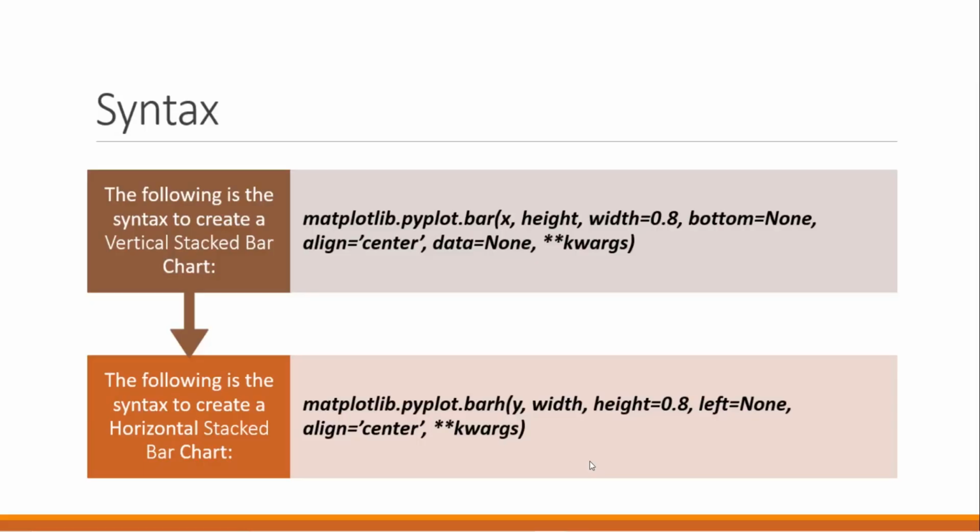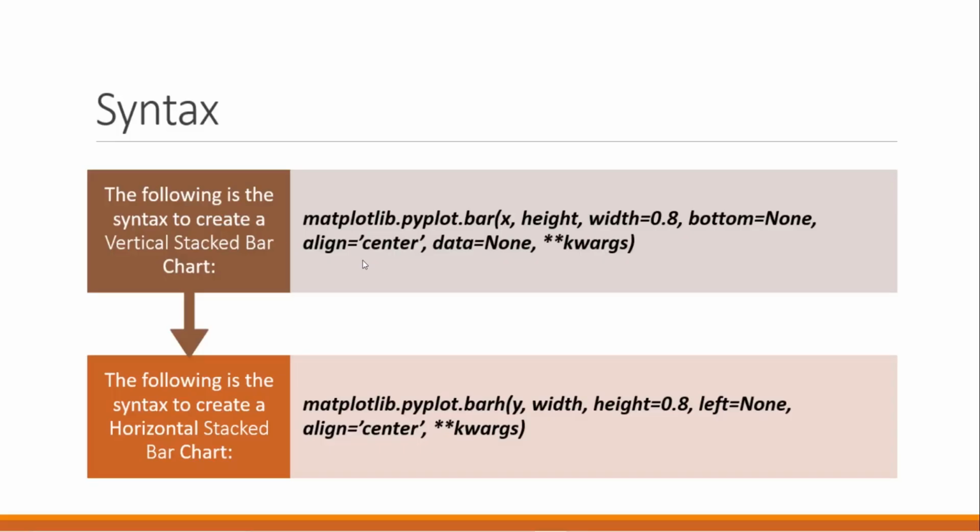The bars are positioned at y with the given alignment, and their width and height determine their sizes. The horizontal baseline, left, is used to set the base of the bar on which the segment of the bar is to be placed, and the parameters are the same as the ones we talked about in the bar chart. So you can see all the parameters in the previous module.